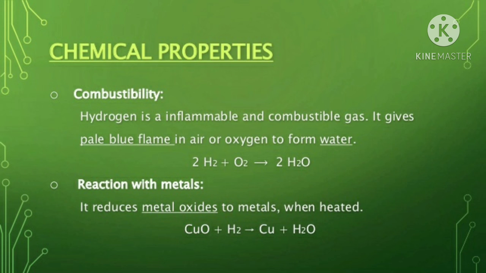It reduces metal oxides to metals when heated. In this, we can see that when copper oxide reacts with hydrogen, removal of oxygen takes place, thus there is a reduction of copper oxide to copper.